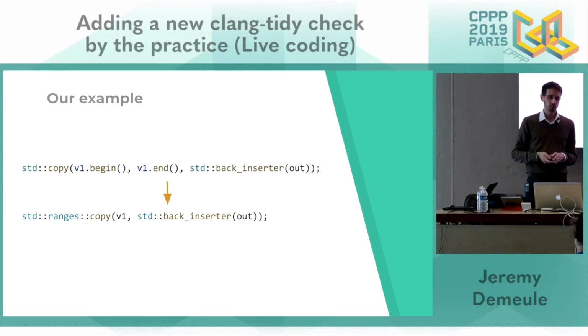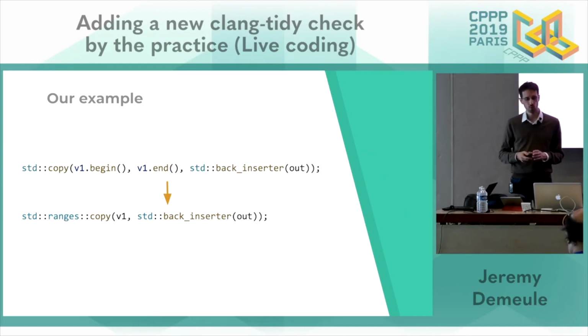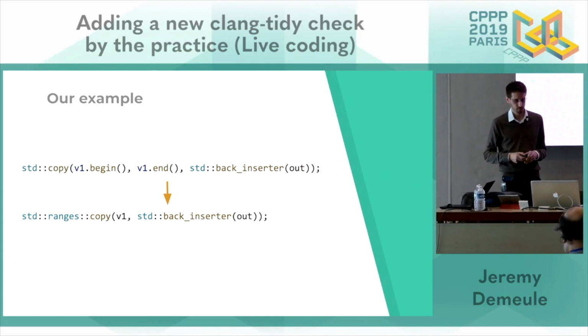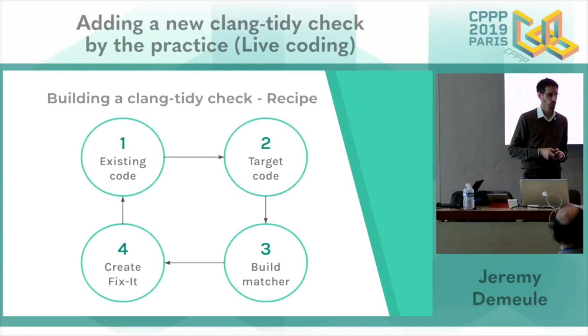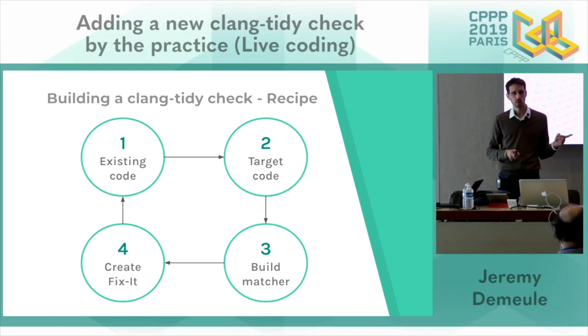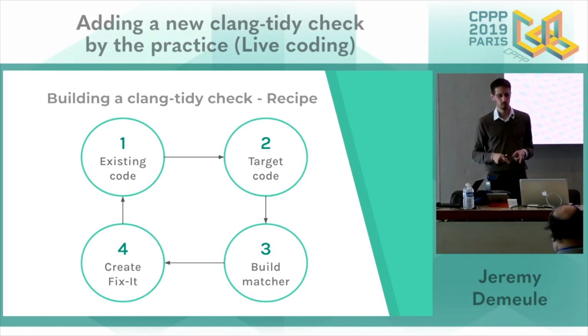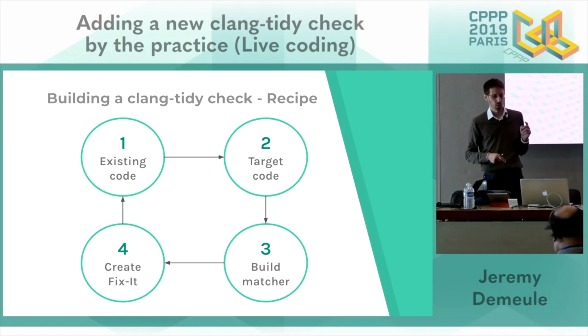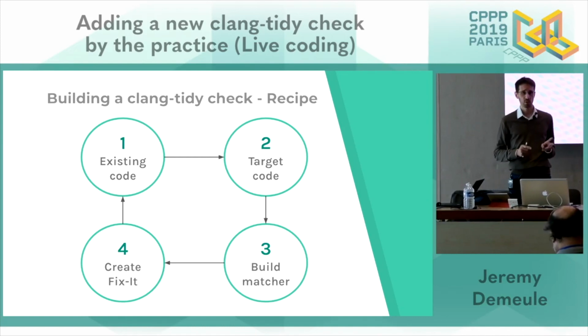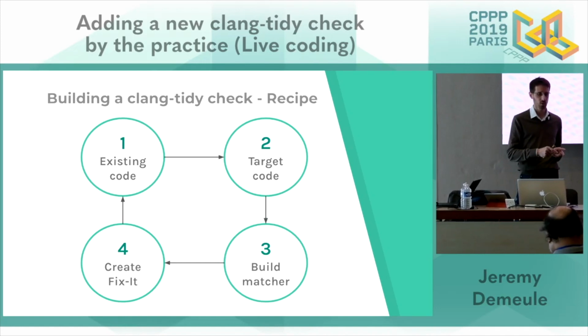When I add a check inside clang-query, I follow some rules or some recipes, which is this one. First, I need to have a very strong understanding of the existing code. Secondly, I need to have the same understanding of the code I target.